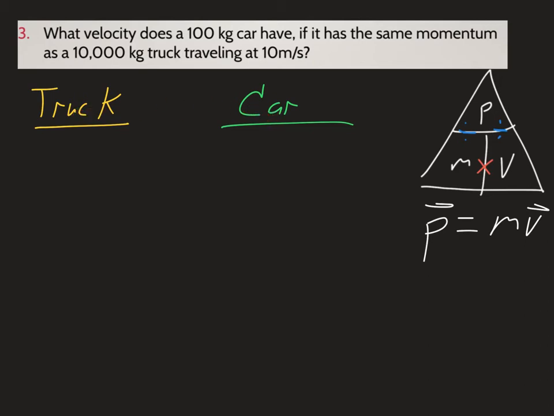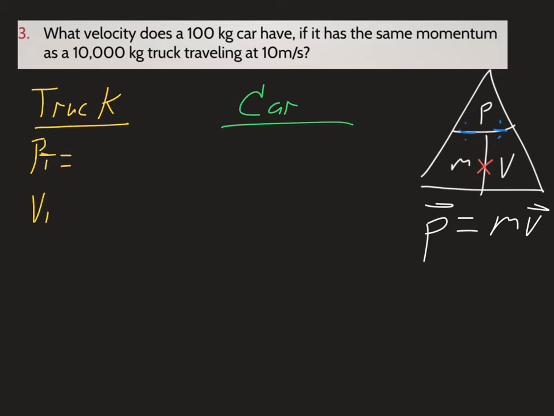Now in science, we like to use subscripts to designate which these are. So I'm going to write all of my variables for the momentum formula for my truck and my car, but I'm going to add a subscript. So here's my momentum, it's a P, but I'm going to add a subscript of a T so that I know it's for the truck.